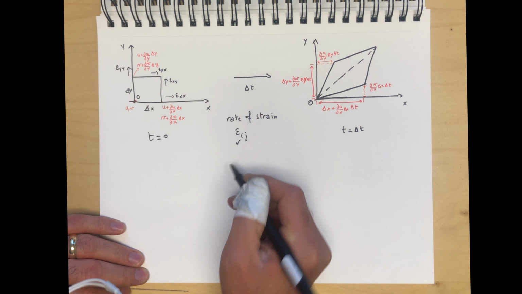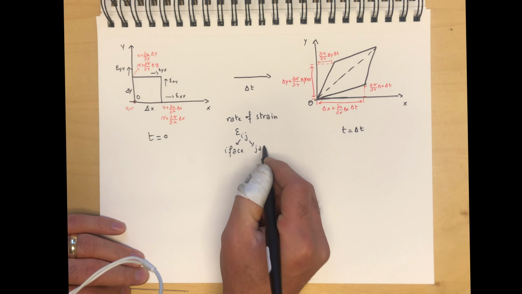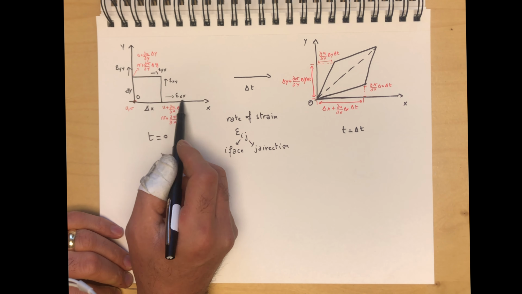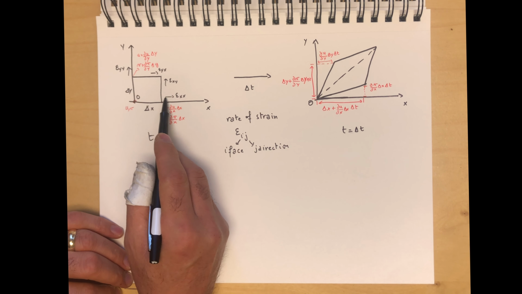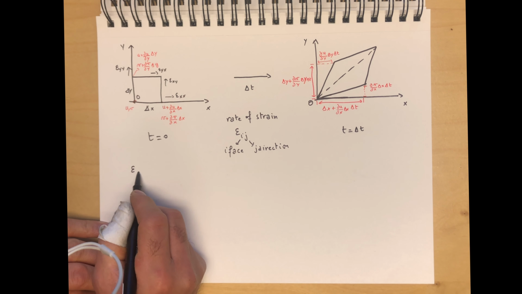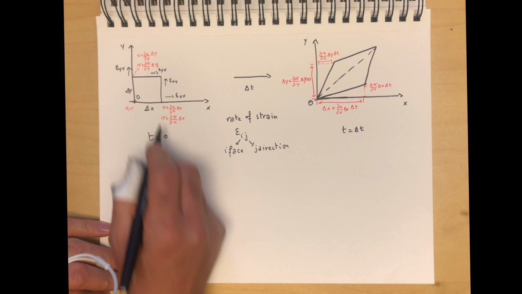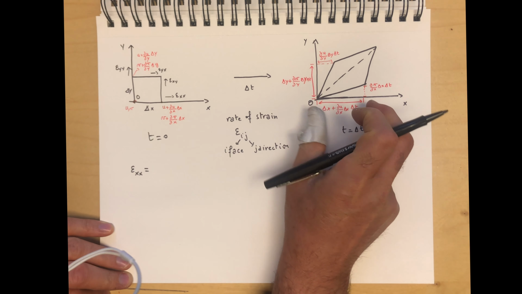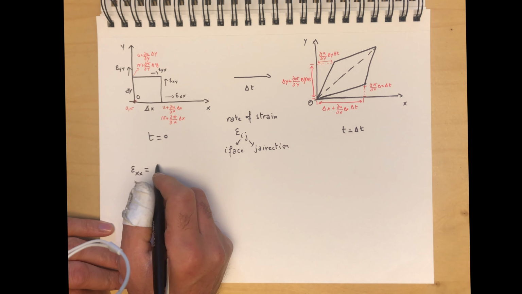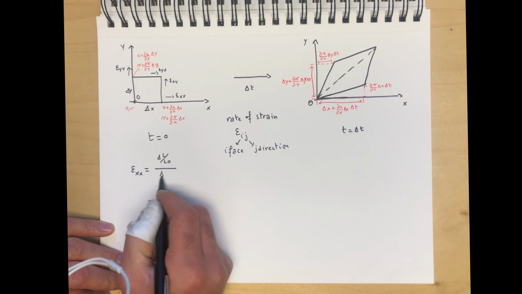So this is a rate per second on an i face in the j direction. The interpretation of epsilon xx and epsilon yy is really obvious. That's the displacement in the x and y directions. So epsilon xx is simply the rate of displacement in the x direction, and that's going to be this new distance minus the initial distance, over the initial distance, over delta t. So that's delta L over L0 over delta t.